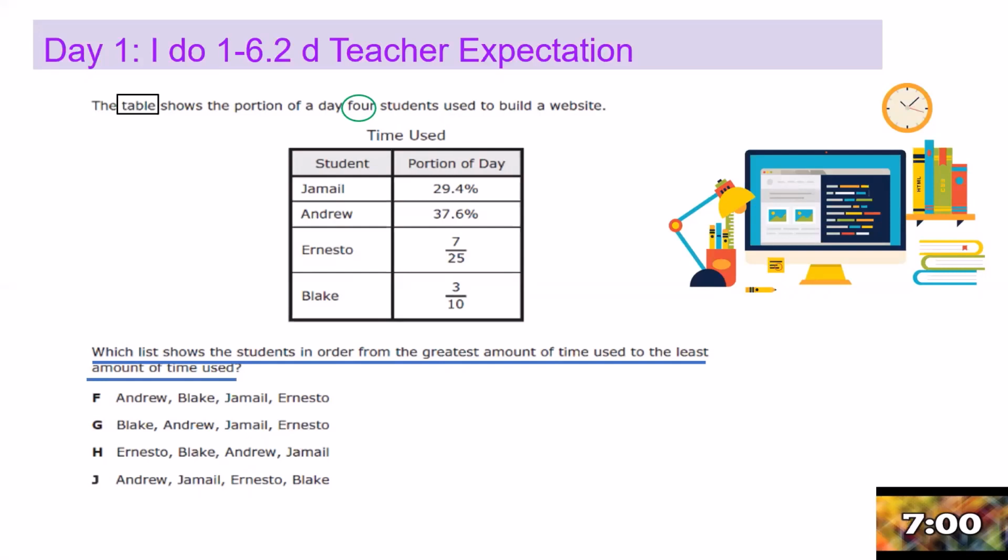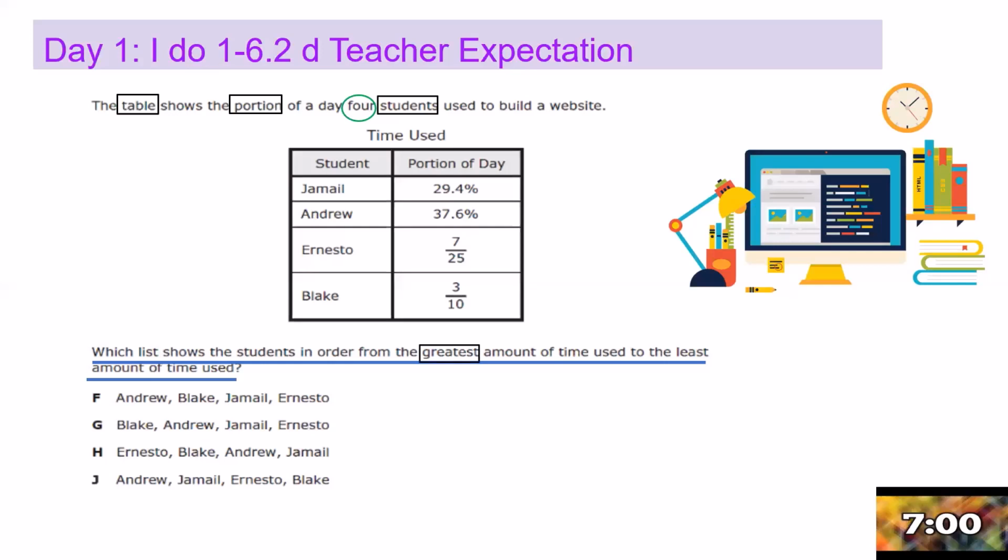Table, portion, student. These words are very important because it tells me that the table is letting me know that I will have 4 portions based off of 4 students.